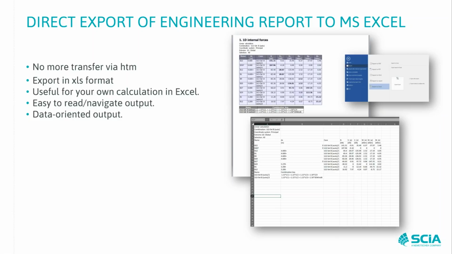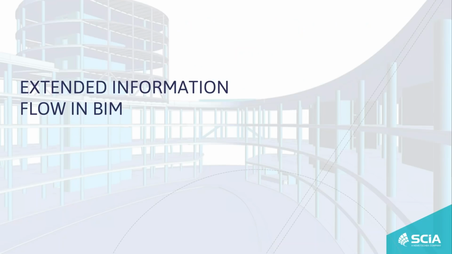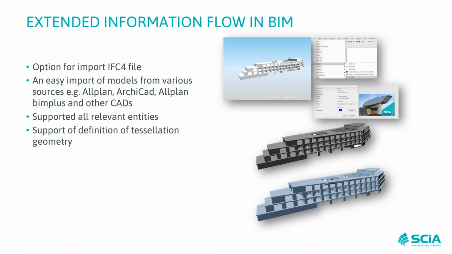The last thing I would like to show you and share with you is the extended information flow in BIM. That's mainly related to the possibility of importing an IFC4 file.